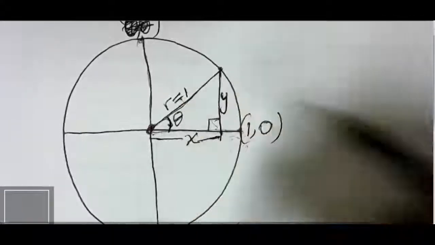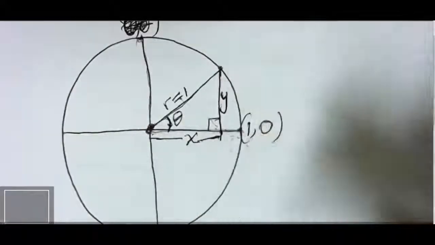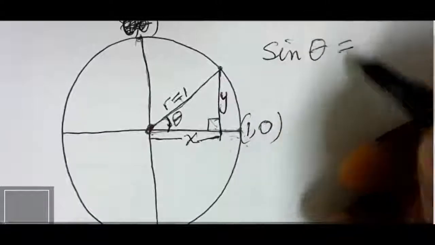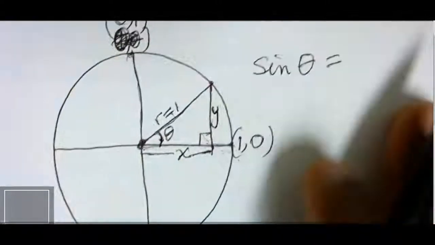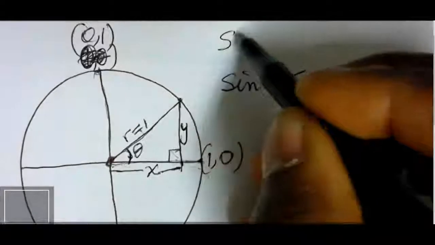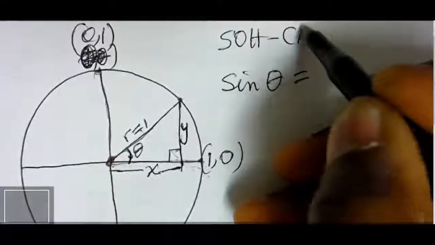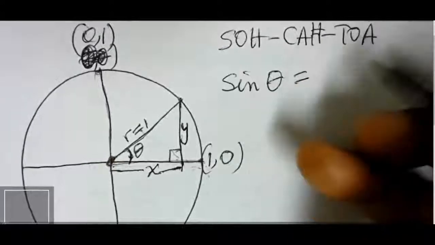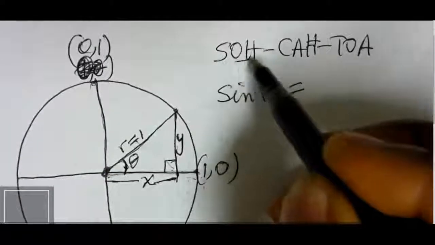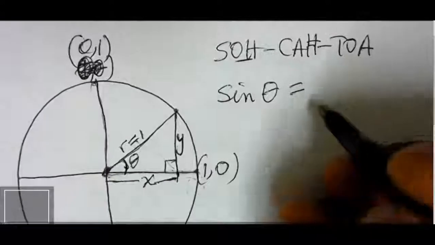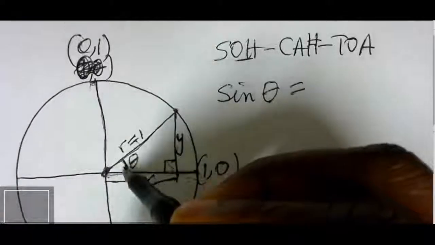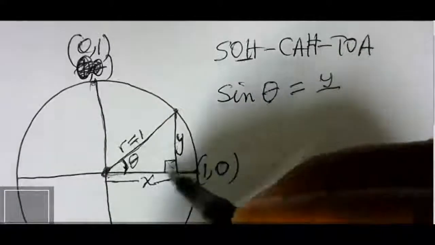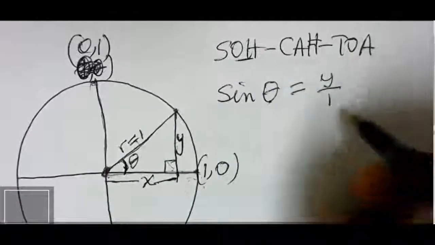Hypotenuse is 1. So if we find sine theta, sine theta is going to be opposite. Again, remember SOHCAHTOA. Sine is opposite over hypotenuse. The side opposite the theta is y over the hypotenuse, which is 1.